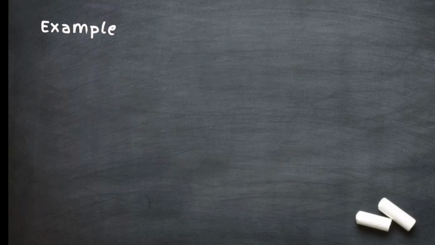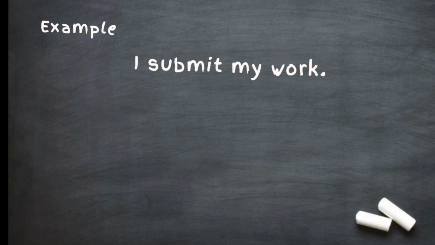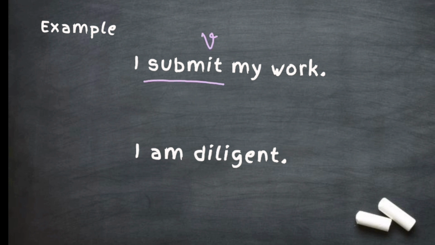Let's make an example. There you can read, I submit my work. I am diligent. There, the verb of the sentence for sentence 1 is submit. And for the second sentence, the verb is am diligent.